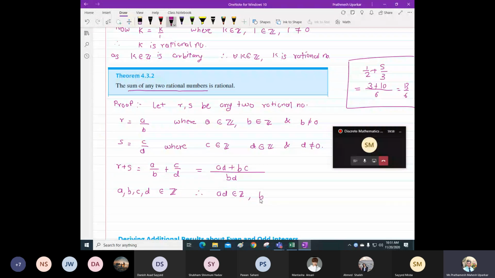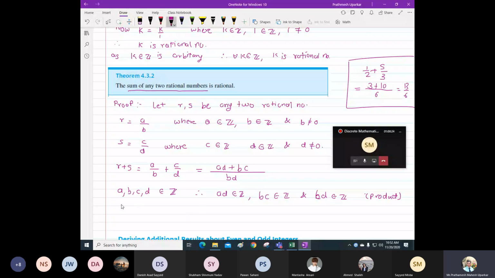If I take the product, that is b into c, it will belong to the set of integers, and last, what is there? b into d. bd belongs to the set of integers because it is a product of integers. So product of integers हमेशा क्या होता है? Integer ही होता है. Any two integers when multiplied give an integer.